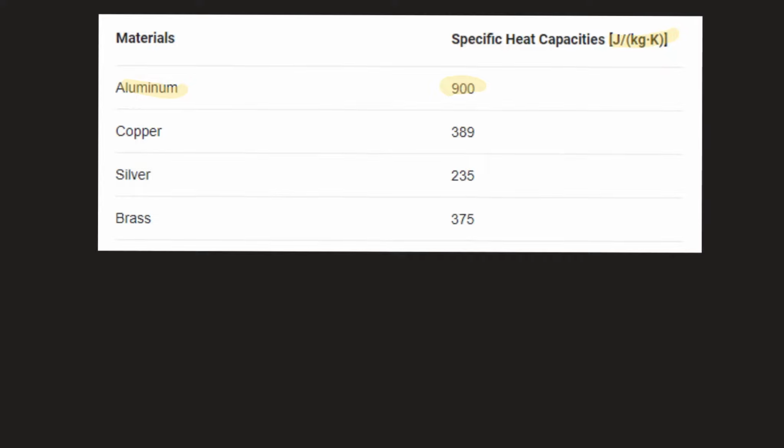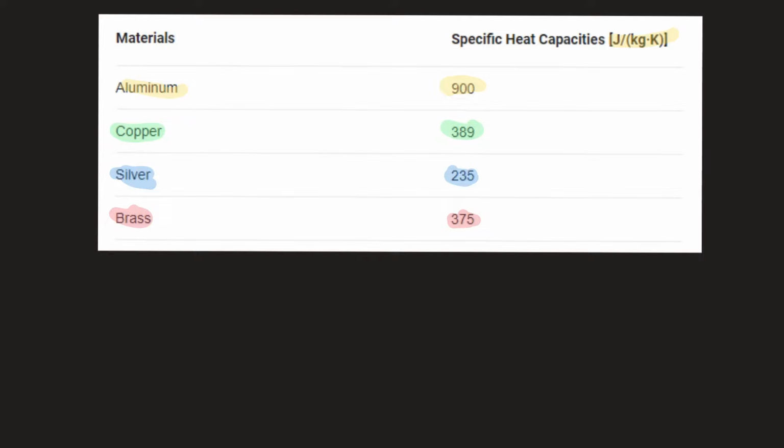Copper has a specific heat capacity of 389 joules per kilogram Kelvin. Silver has a specific heat capacity of 235 joules per kilogram Kelvin. And then last, you have brass, which has a specific heat capacity of 375 joules per kilogram Kelvin.